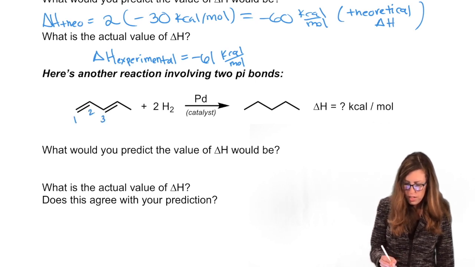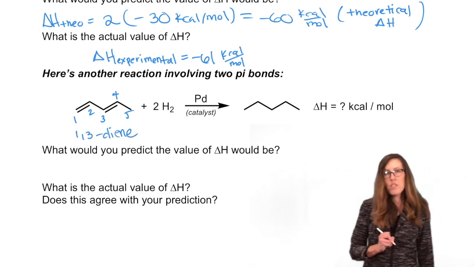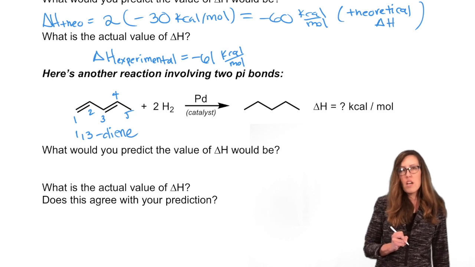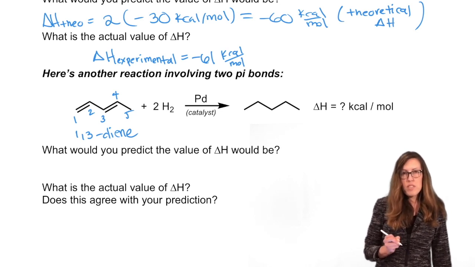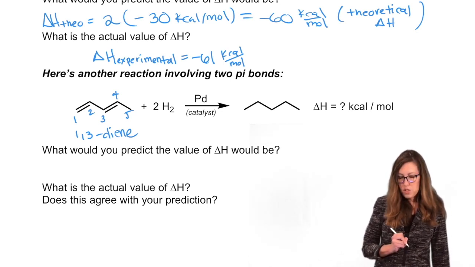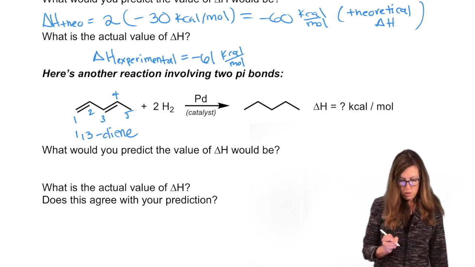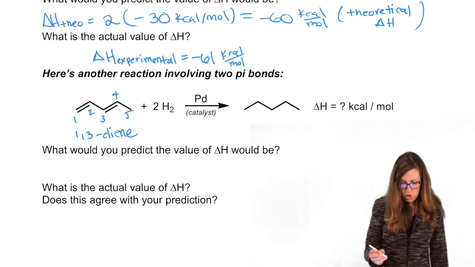1, 2, 3, 4, 5. We're going to try the 1,3 diene. Now, our calculations that we would do don't account for any regio differences, right? So any constitutional isomers, we're using the same bonds. We're still actually reducing 2 pi bonds.